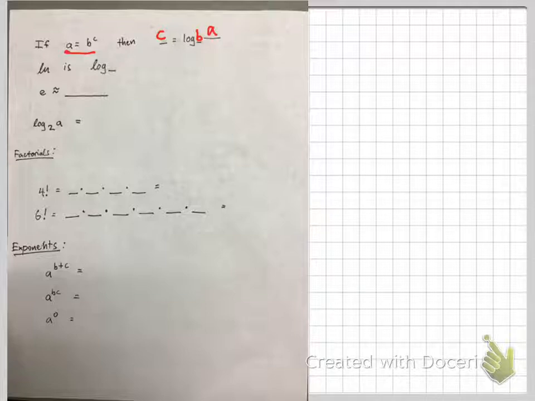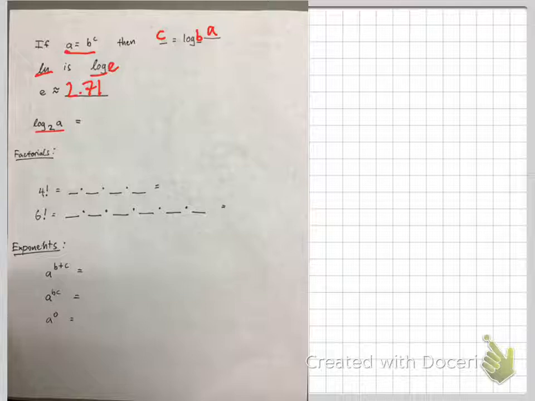And that's how we solve problems that involve exponents using logarithms. A very special logarithm is the natural log, as you probably already know. The natural log is the log base e, where e is a number that occurs often in nature, and it's approximately equal to 2.71.